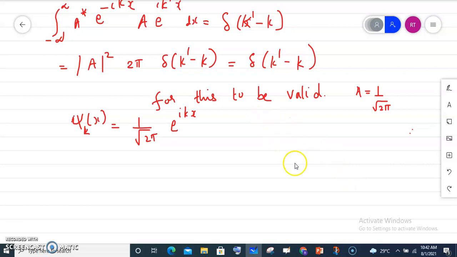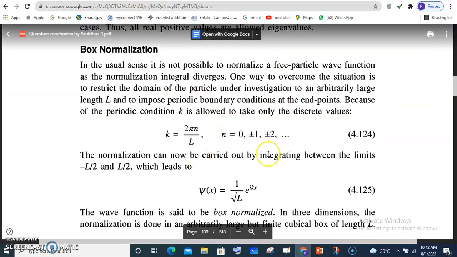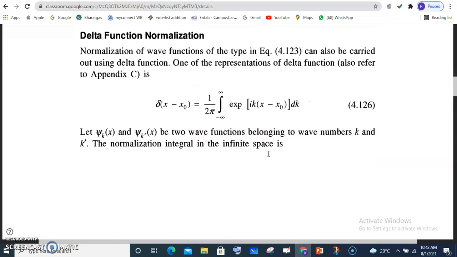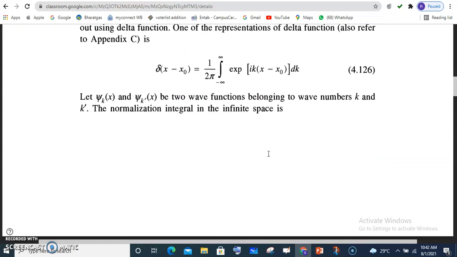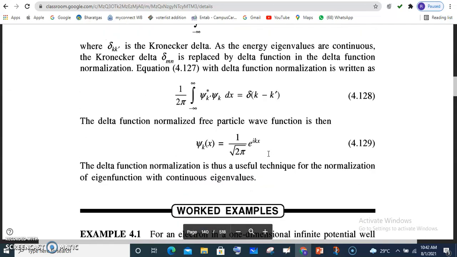These are the two different ways of normalizing the free particle wave function. In both cases we can obtain the energy eigenfunctions and the eigenvalues.